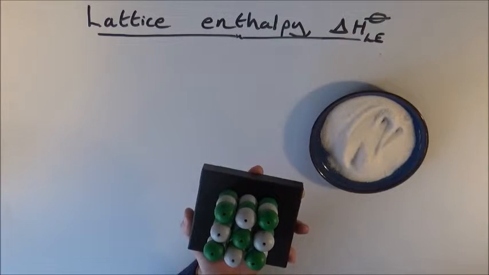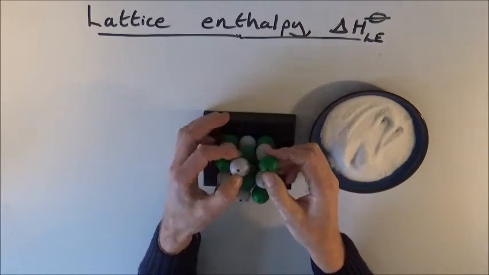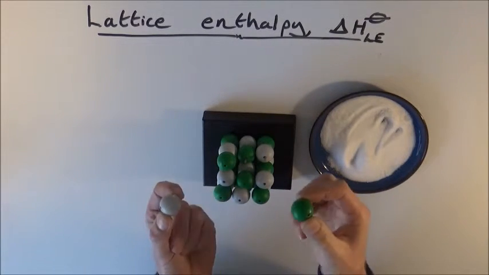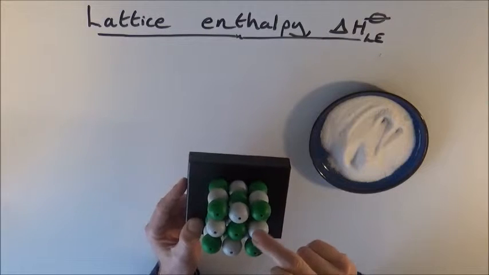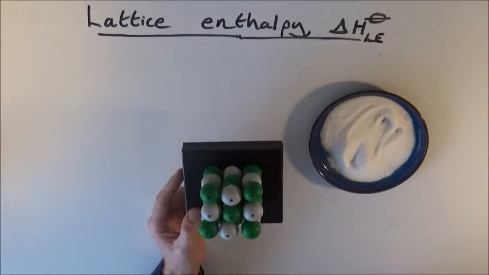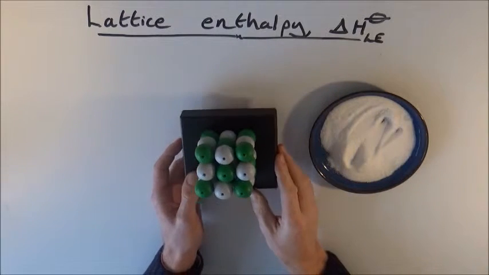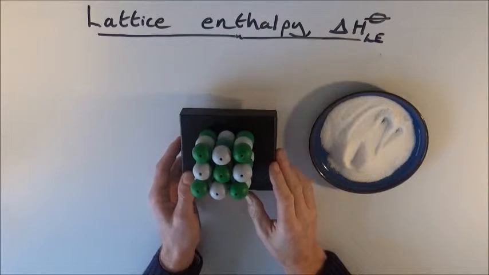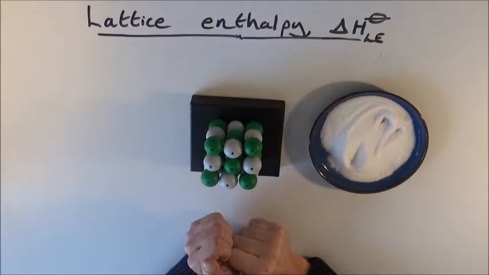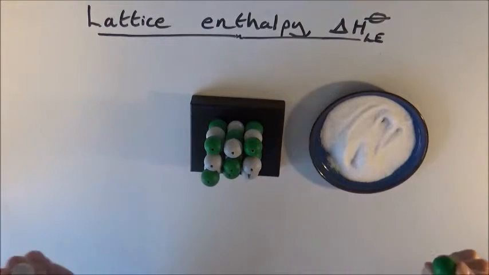So remember that an ionic bond, by definition, is the electrostatic force of attraction that occurs between oppositely charged ions. Any particular ion is going to be surrounded by lots of ions of the opposite charge, and there are also going to be repulsive forces. But the lattice enthalpy is defined as the enthalpy change that takes place when 1 mole of a substance is formed from the individual ions in the gaseous state.